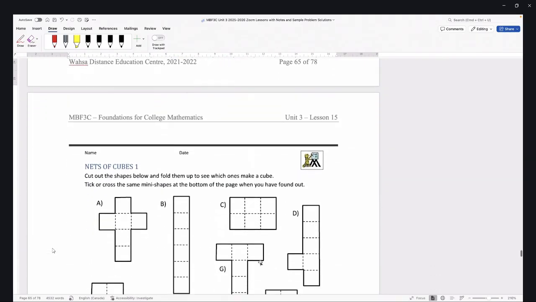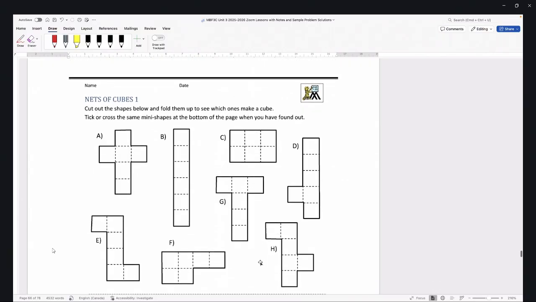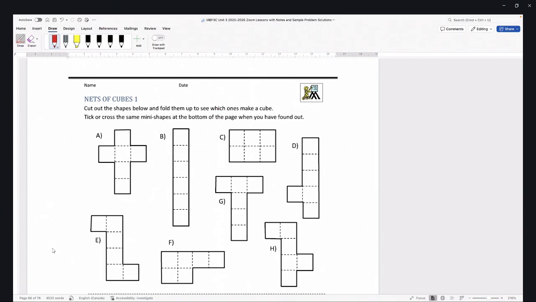Now, this one, if you have the time, you can actually print this, and it doesn't hurt to do this. Cut them out with a pair of scissors and then try folding them. So we're going to do it visually. We're not going to actually cut them out. It says cut out the shapes below and fold them up to see which one makes a cube.